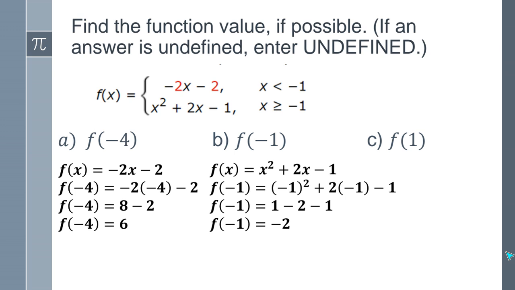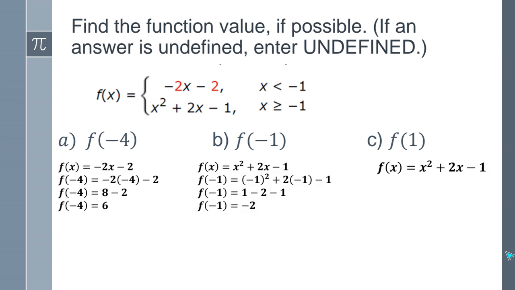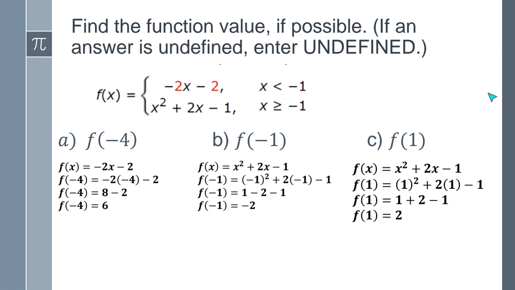Let's go ahead and do the last one. Okay, I want to evaluate f of 1. 1 is greater than or equal to negative 1. So again, it applies to the second function. f of x is equal to x squared plus 2x minus 1. Again, I'm going to evaluate by plugging in 1 everywhere I see x. All right, so we have 1 squared plus 2 times 1 minus 1.